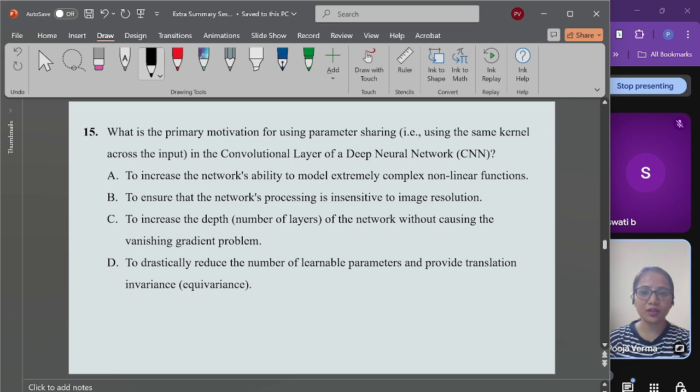What is the primary motivation for using parameter sharing in the CNN, or you can say in the convolution layer of the deep neural network?